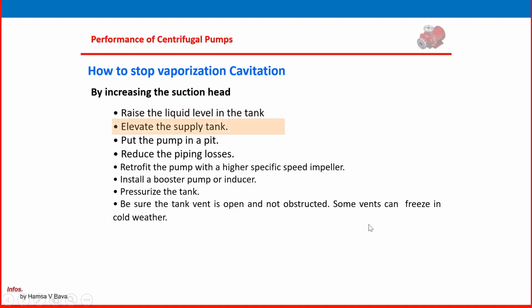Some vents can freeze in cold weather. So these are the important methods for decreasing cavitation by increasing the suction head.